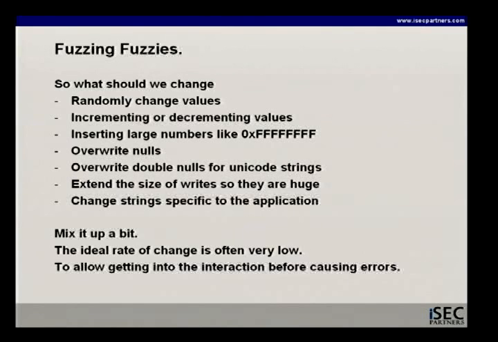The ideal rate of change lowers over time. When you first start fuzzing an application using this, if it's fruitful, you might find that you get bugs right off the bat. And as the engineers come back to you with patches, usually you want to lower the rate of change so that you can get deeper into the protocol.